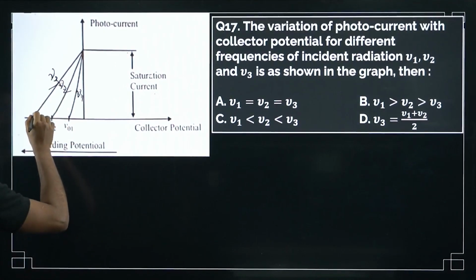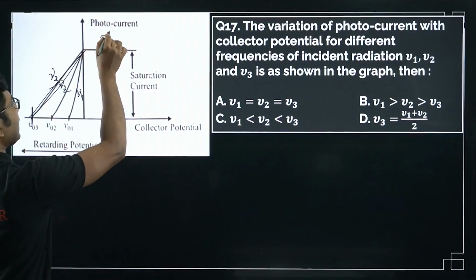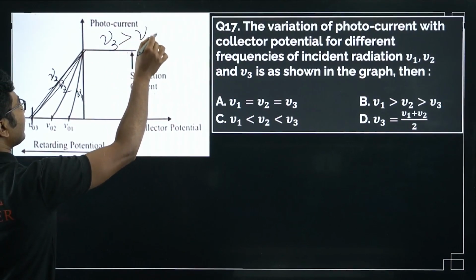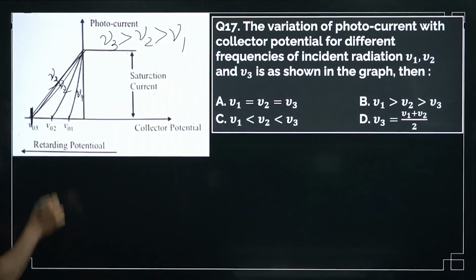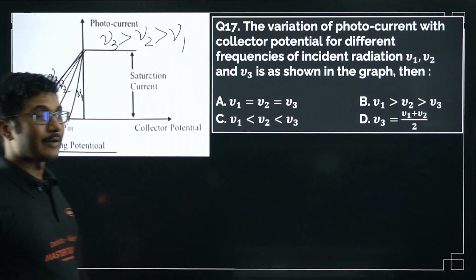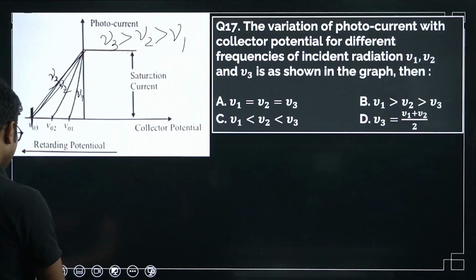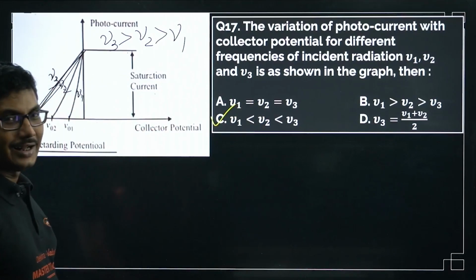Okay, so obviously you can see that nu3 has the highest cutoff, so nu3 will be the biggest value. So nu3 greater than nu2 greater than nu1. Okay, whoever has the highest cutoff potential or stopping potential will have the highest frequency. So definitely again a similar trick is given over here, nu1 less than nu2 less than nu3.